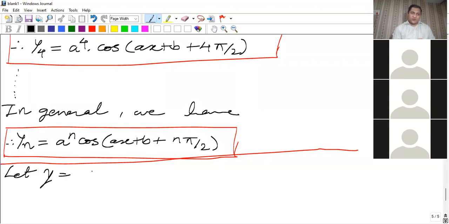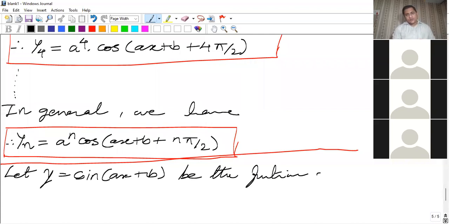So let y be equal to sine of ax plus b, where b is a function of x. If you are not able to read or understand anything, please be frank with us. Now think of this.